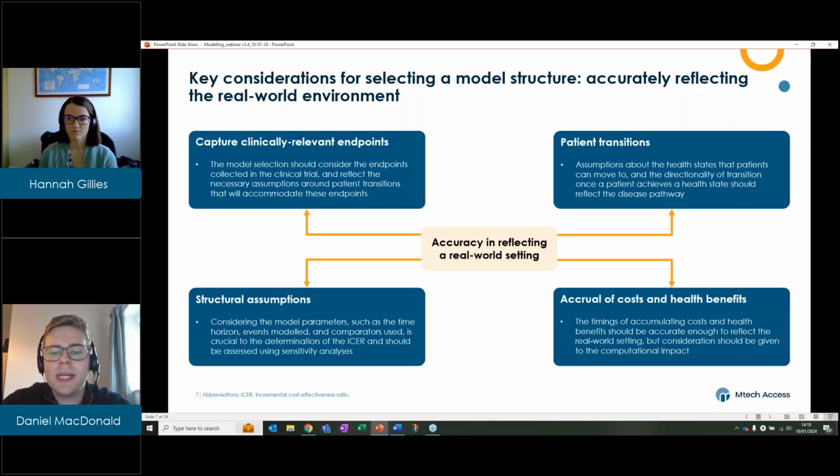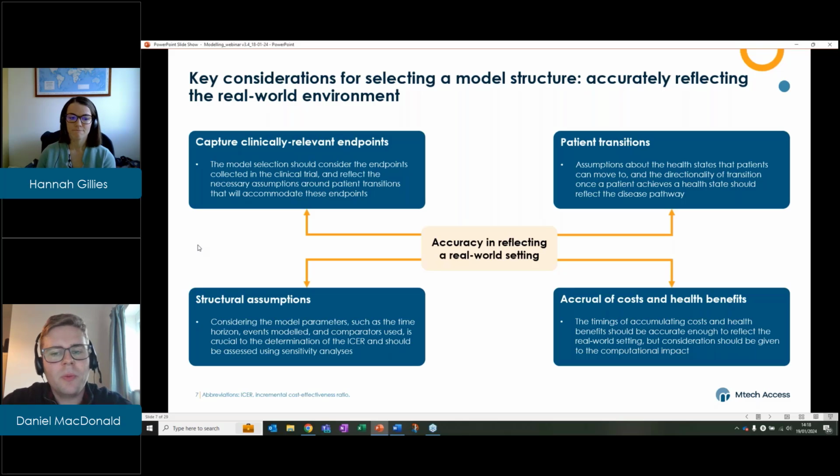However, if you're using a year model cycle, so you're only assessing the costs and benefits every year, then you can lose quite a bit of the intricacy that can occur early on in that disease stage. And it is recommended that you capture as much of the granularity of the differences in the disease early on.